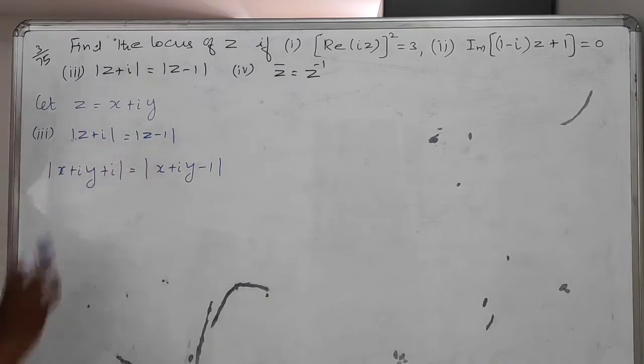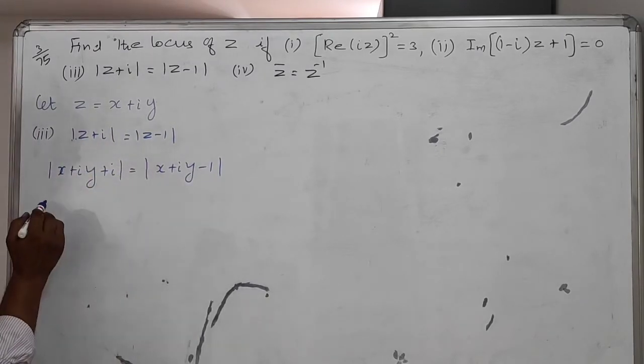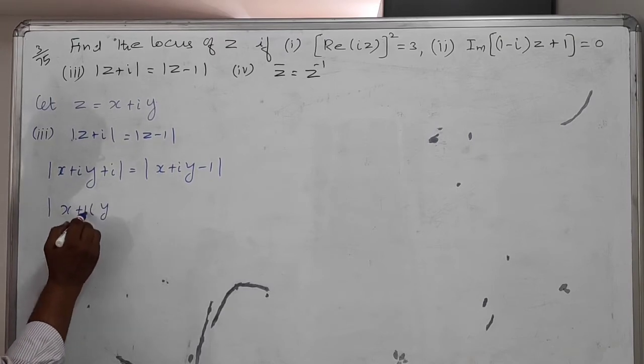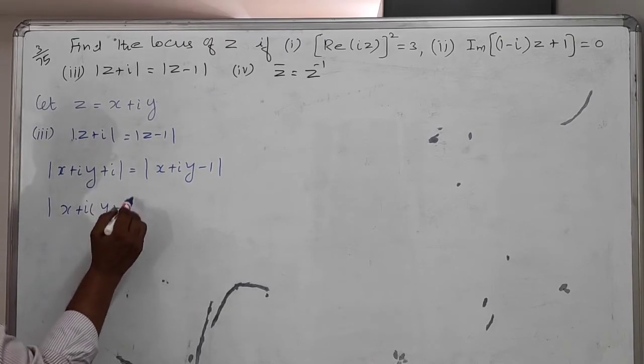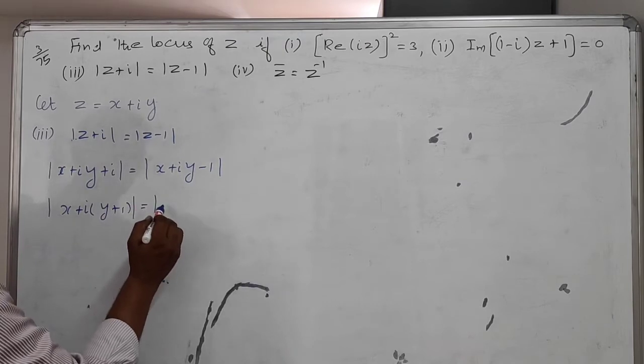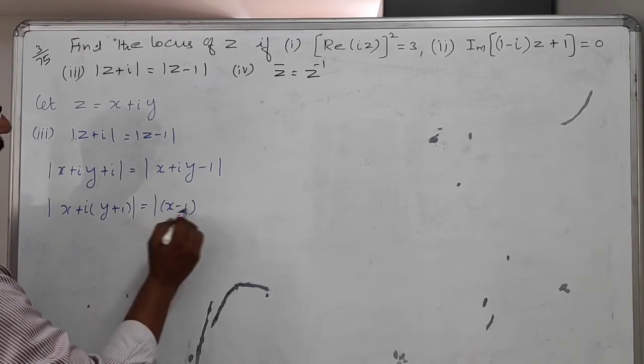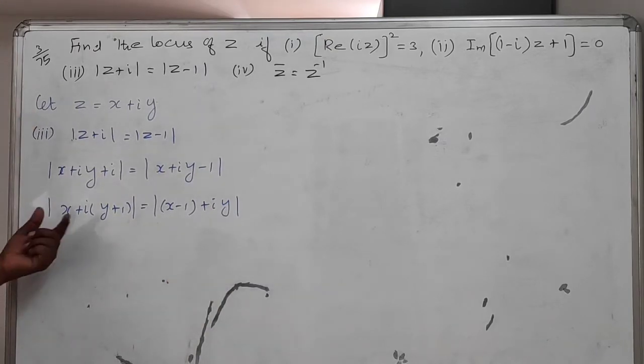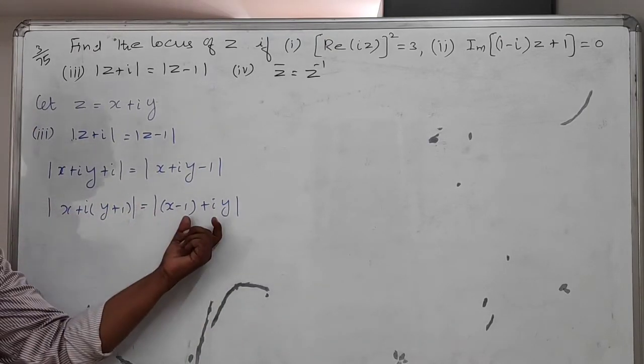I just replaced the z values. Now rearrange: modulus of x plus i into (y plus 1), which is equal to modulus of (x minus 1) plus iy.